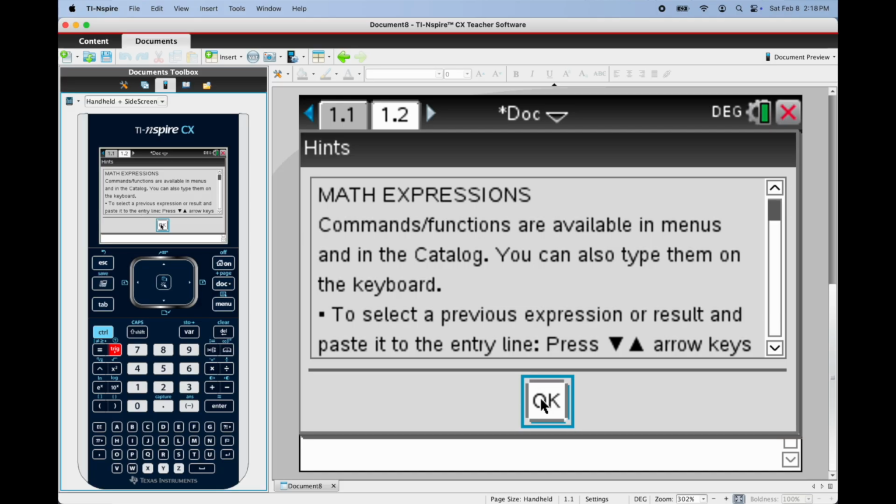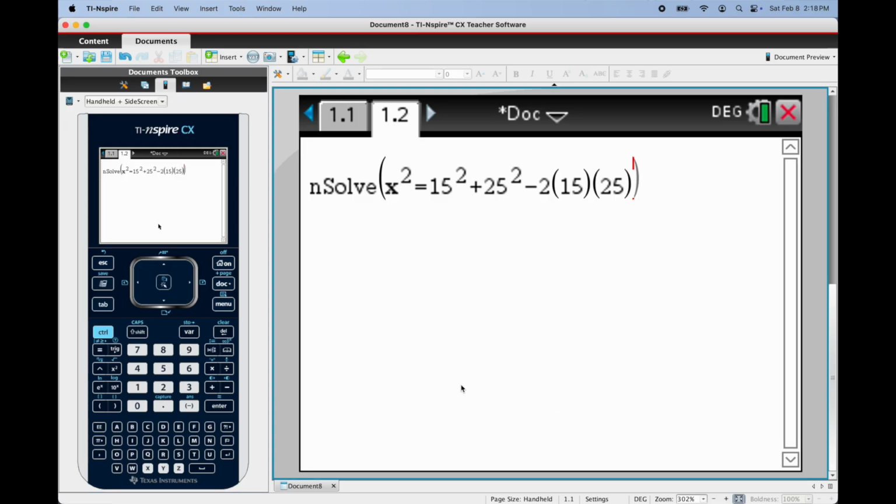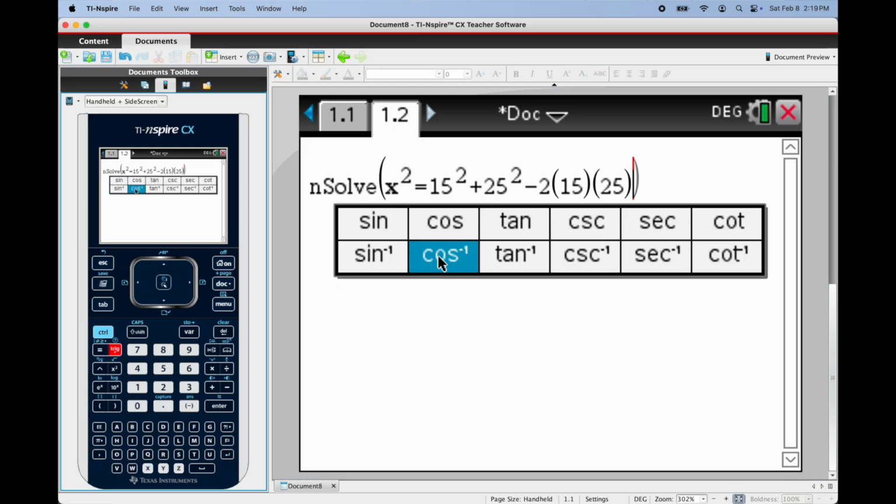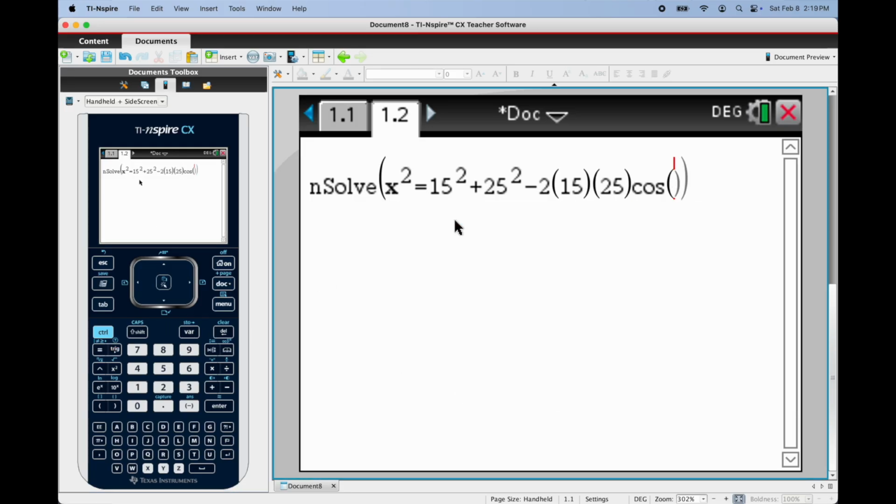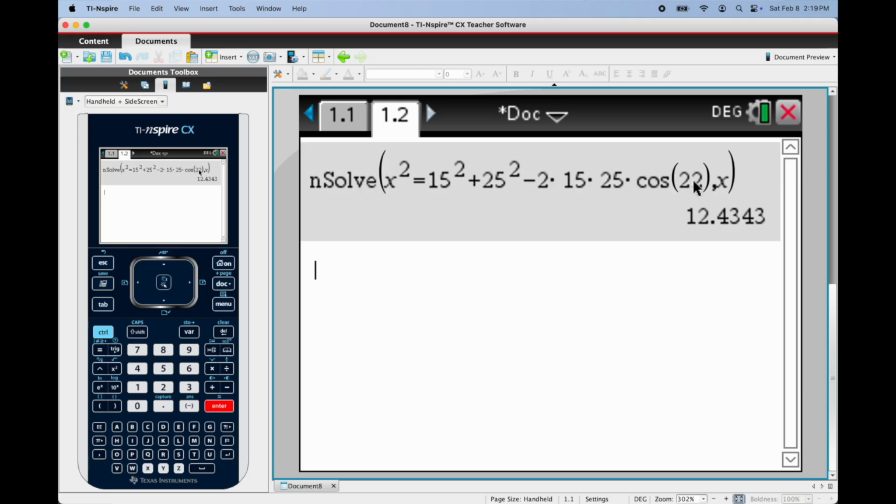Make sure this is good: 15 squared plus 25 squared minus 2 times 15 times 25 cos 22. And let's ask the calculator to solve for x. There we are. It's 12.4343. So that's the length of this side length.